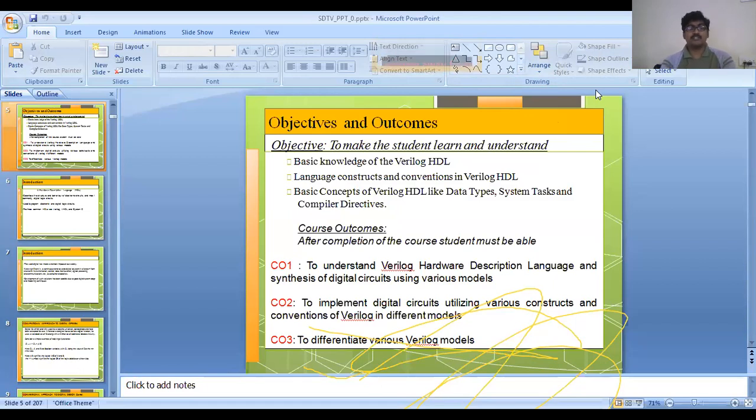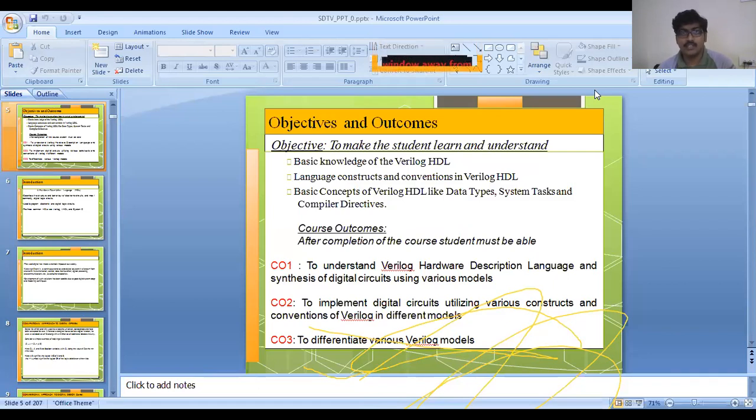After the completion of the subject, we will have some course outcomes, verifying whether you have learned or not. You have to understand whether you have understood the Verilog hardware description language and synthesis of digital circuits using various models, whether you are able to implement digital circuits utilizing various constructs and conventions of Verilog in different models, and also to differentiate various Verilog models.